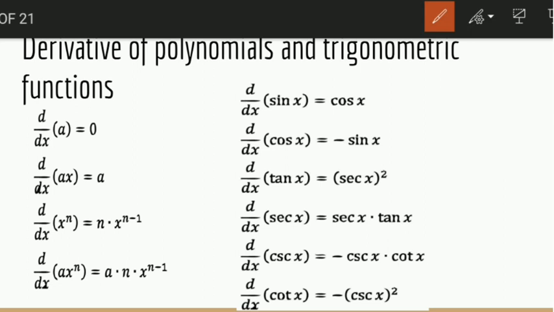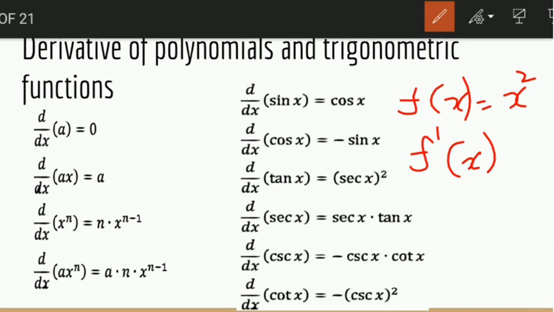Okay, so now we have a very important result. It's finding the derivative of polynomials. This you have to learn by heart. For example, if the function is f of x equal to x square, and if you want to find d by dx or f dash of x, then you have the formula n x power n minus 1.